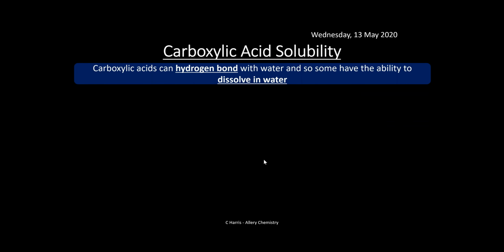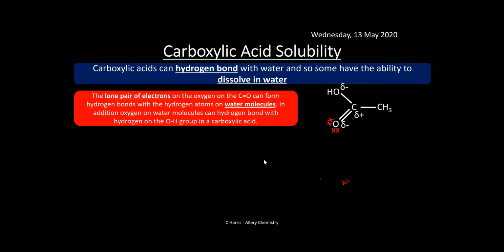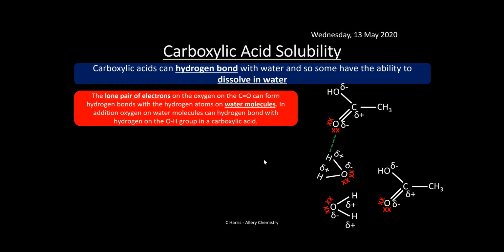Okay, so carboxylic acids can hydrogen bond, very similar to what we looked at with aldehydes and ketones, where they can hydrogen bond to water molecules. Carboxylic acids can do that as well, and so they can dissolve in water. As you can see here, we have a lone pair of electrons on our carboxylic acid molecules. There's a carboxylic acid, there's another carboxylic acid, and they're interacting with the water molecules floating around.